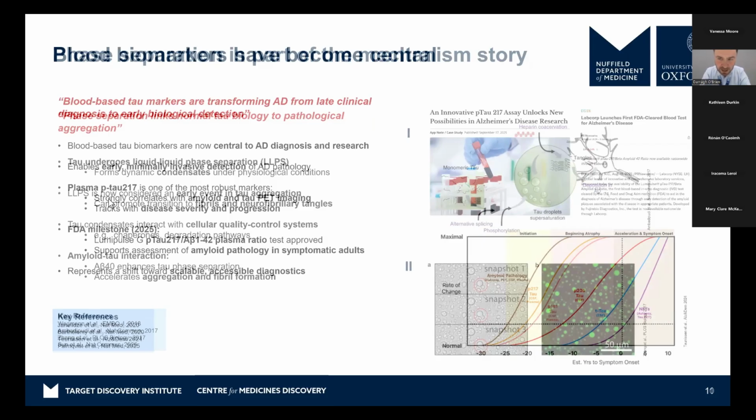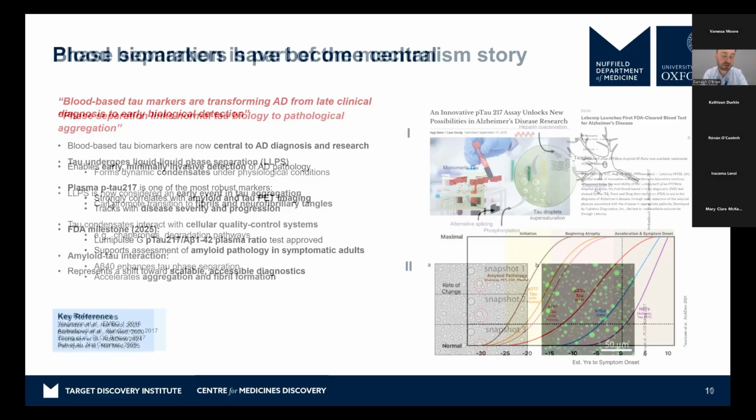So, blood-based tau biomarkers have become increasingly important in Alzheimer's disease as they offer a minimally invasive and scalable way to detect tau pathology. So among these, plasma phospho-tau 217 has emerged as one of the most robust and reliable markers of AD pathology.